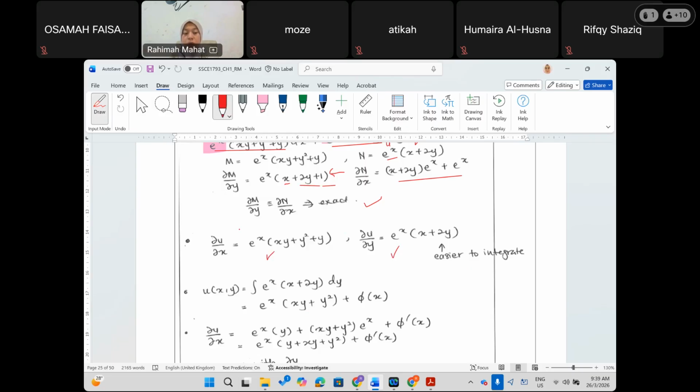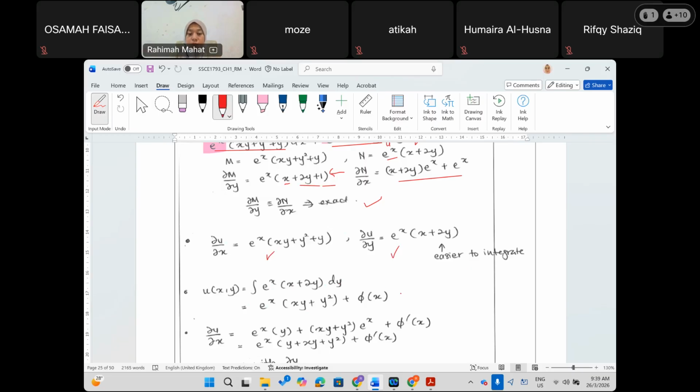Maybe you can try delta u over delta x as well. So we integrate e to the x times (x plus 2y) dy.